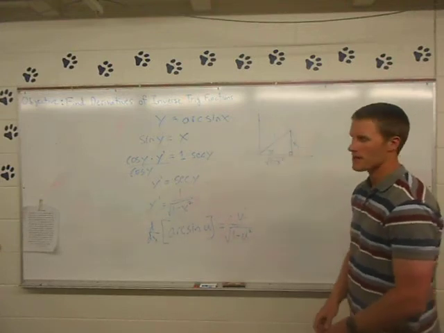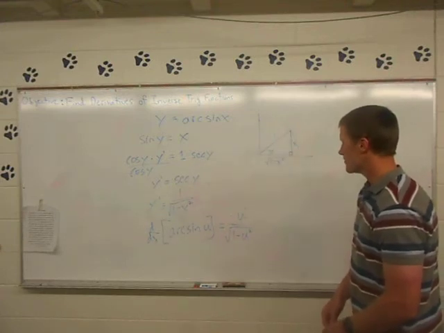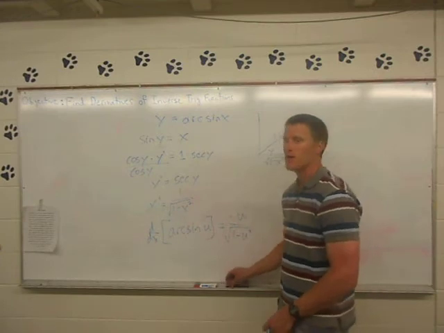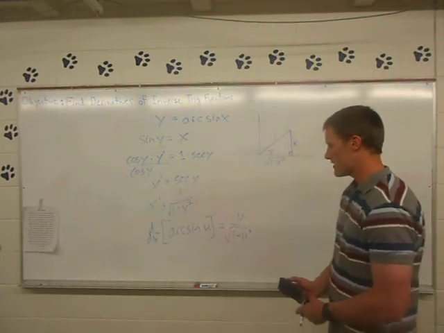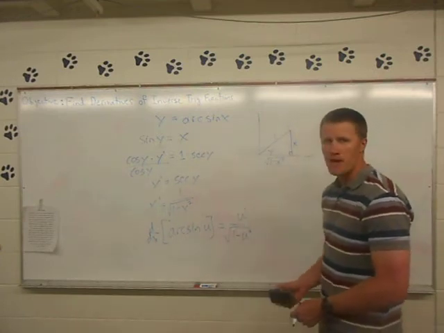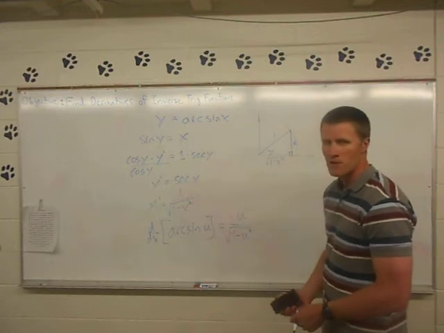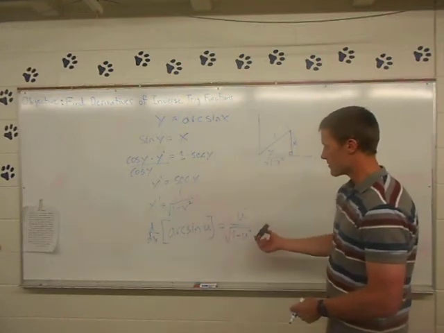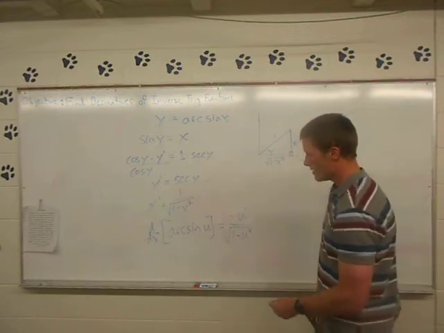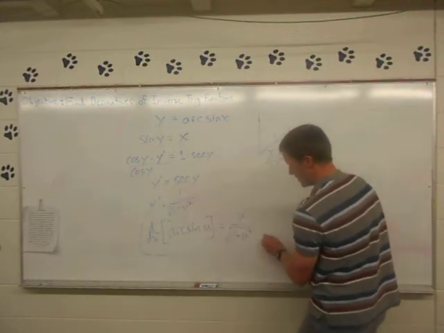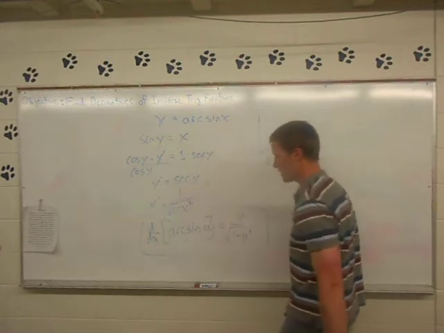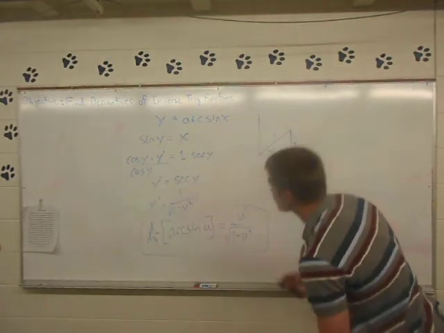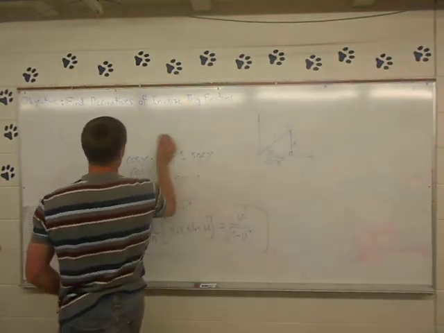Arc tangent, we could do that one in a similar way. But the idea here would be to probably memorize these formulas. You probably don't want to go through this process on a test to get a derivative, but memorize it. There you go. Let's do one more for fun.